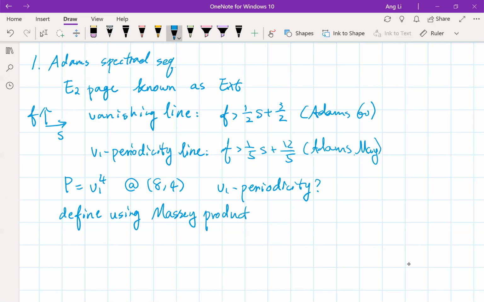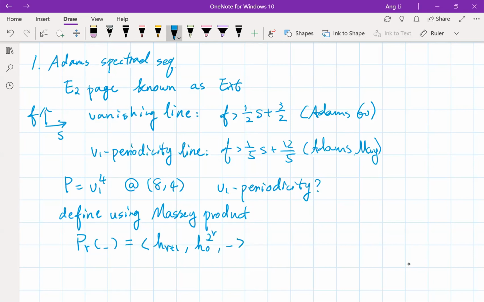So the Massey product is a bracket thing, and it can be defined more generally, but the case I'm mainly talking about is, let's denote P_r blank to be h_{r+1}, h_0^{2^r}, and then blank.